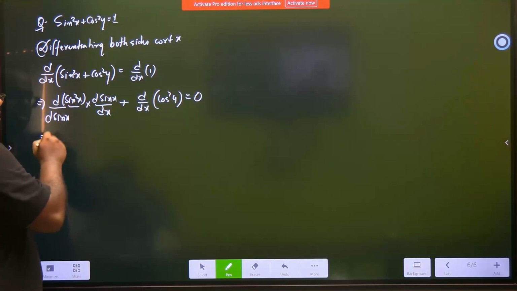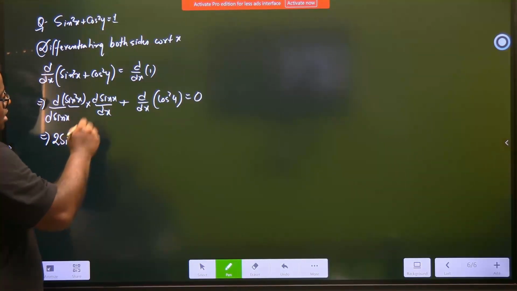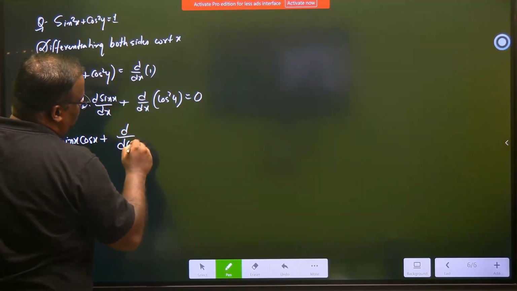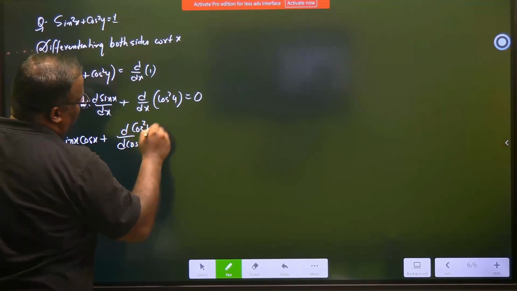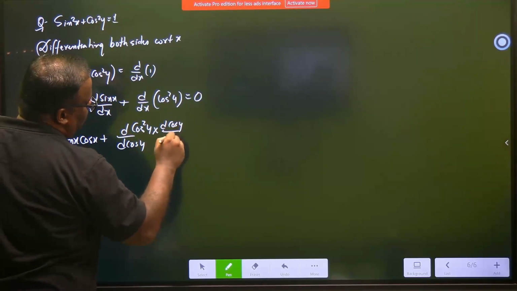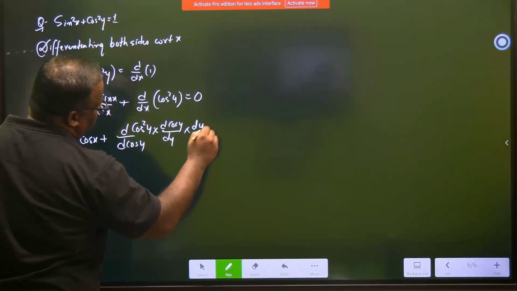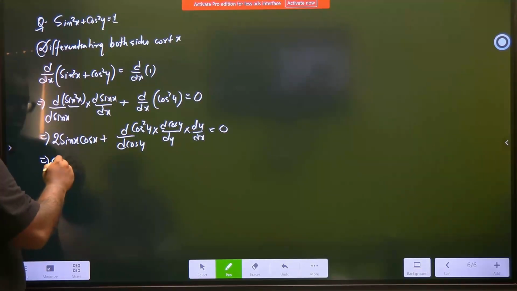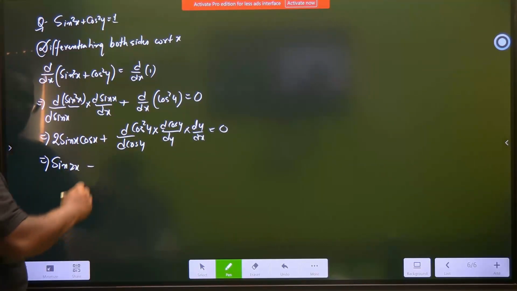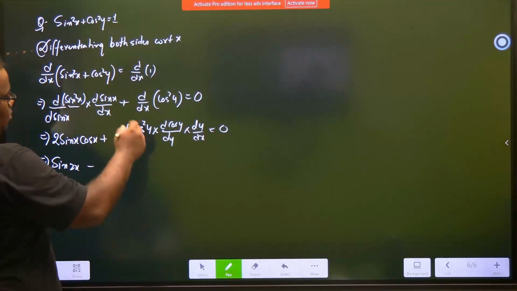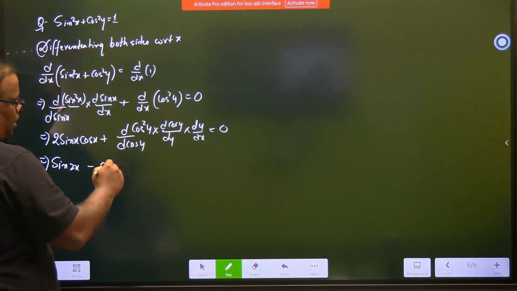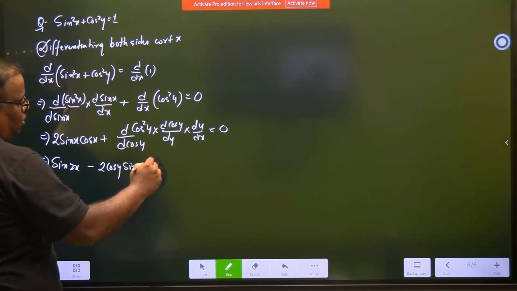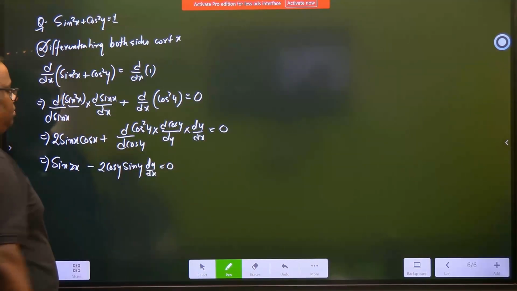This becomes 2 sin x cos x, plus d cos y into cos squared y, into d cos y by dy, into dy by dx is equal to 0. This becomes sin 2x, and here we get something that is a minus. Why minus? I'll tell you. This becomes 2 cos y, and d/dx of cos y is minus sin y, so the minus sin y into dy by dx is equal to 0.